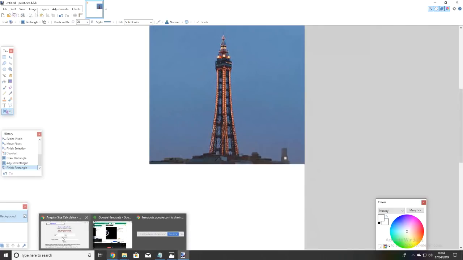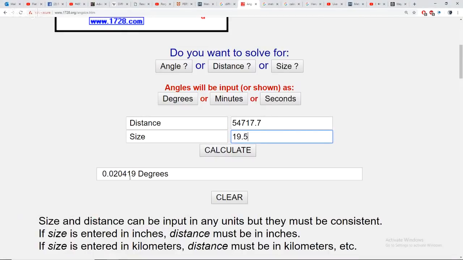Rather than speculate, let's see if we can see at what distance. So 54,717. So let's just try 110,000, which is just over double. So that would be essentially closing in on, let's say, 69 miles.